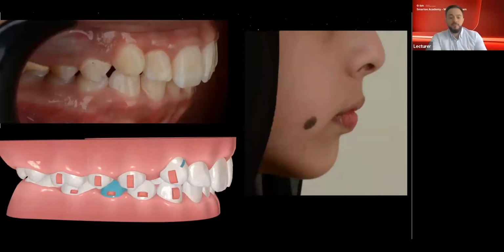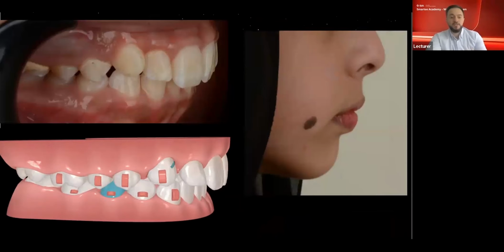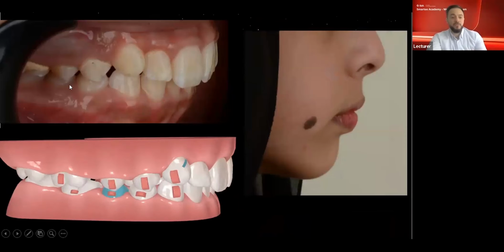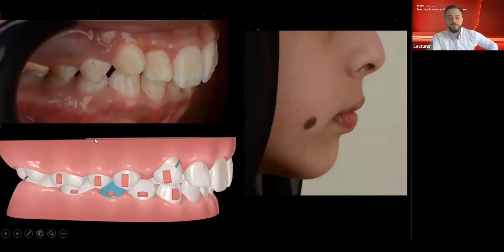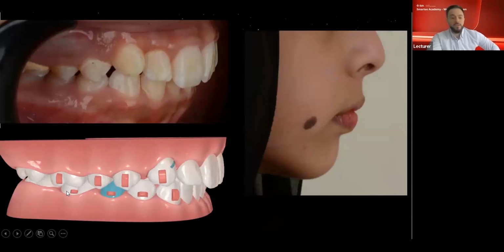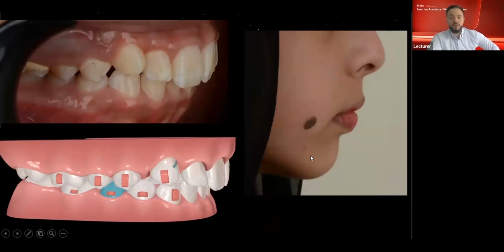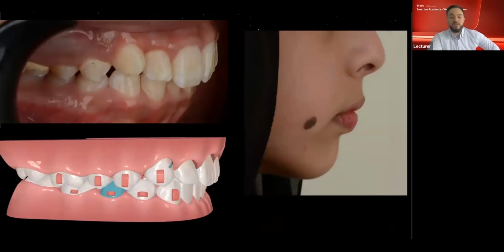The initial setup of this case is to treat with distalization in order to achieve a better class 1 molar relationship on the buccal segment. We can use class 2 elastics. But the thing is that the patient has a little bit retrusive lower lip, so that will not be corrected.